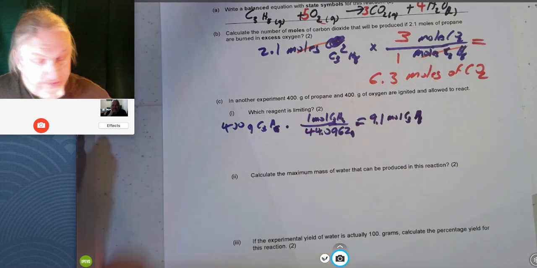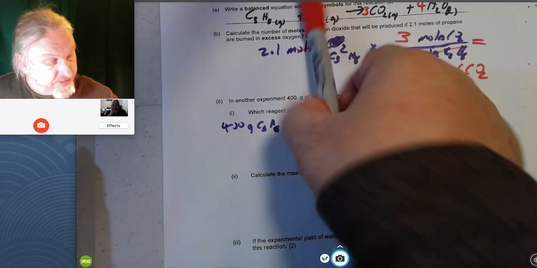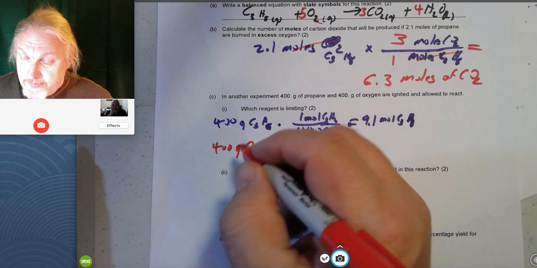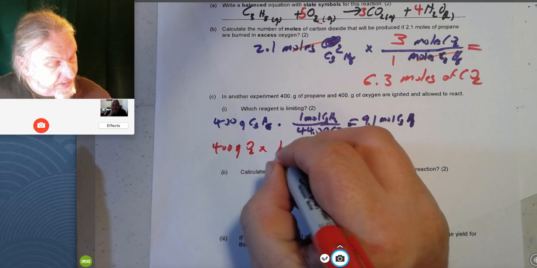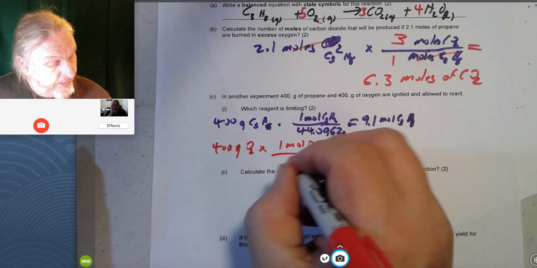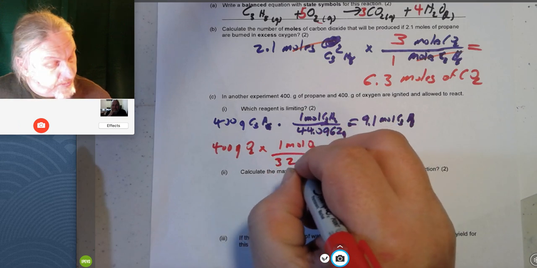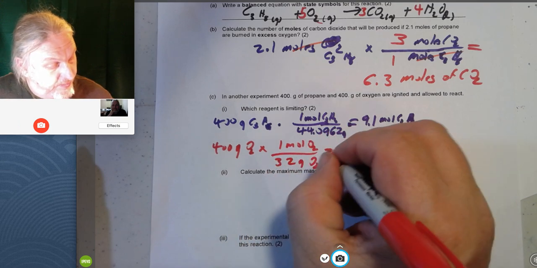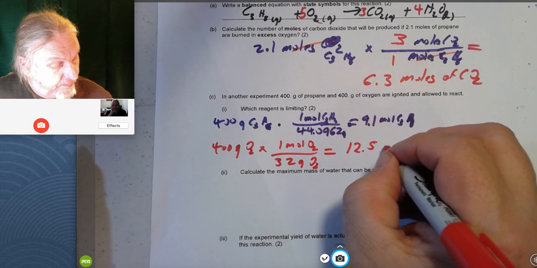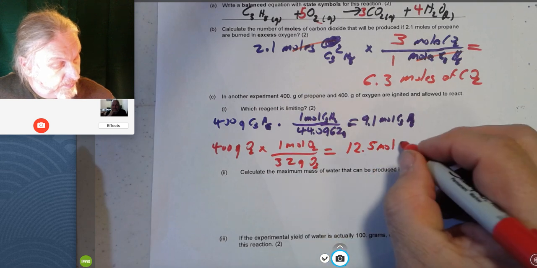You guys know that. So let's do how many moles of oxygen I've got. 400 grams of O2 times 1 mole O2 divided by 32 grams of O2. That's going to give me 12.5 moles of O2.